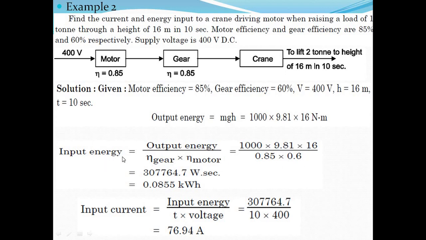So input energy is equal to output energy upon overall efficiency. Output energy is mechanical, that is potential energy m g h. After getting the value of input energy, which is electrical energy, convert that energy into joules and then find out the input current.